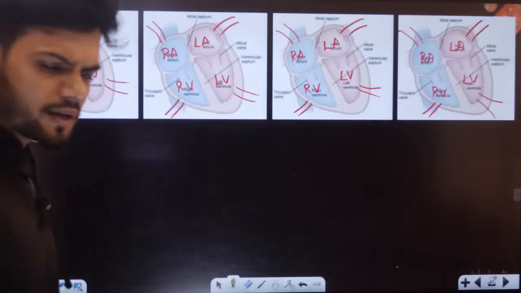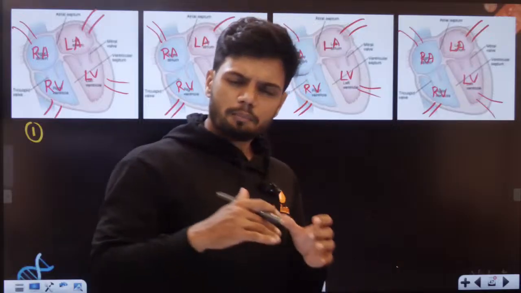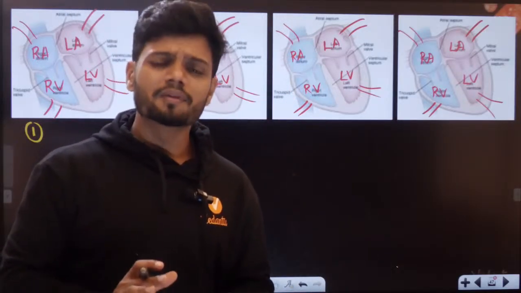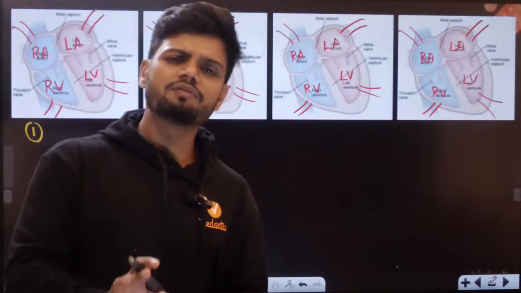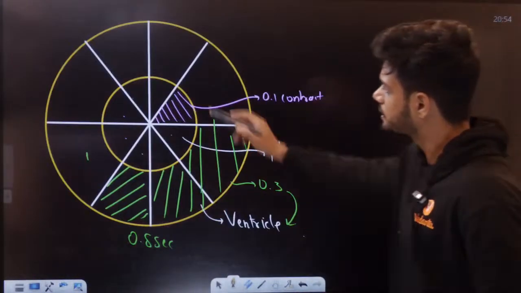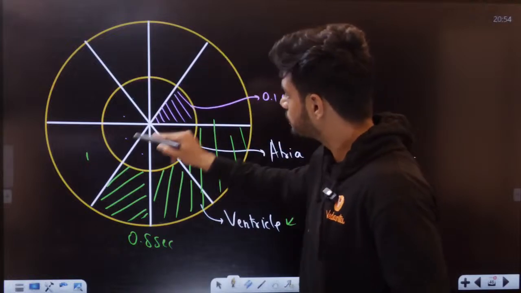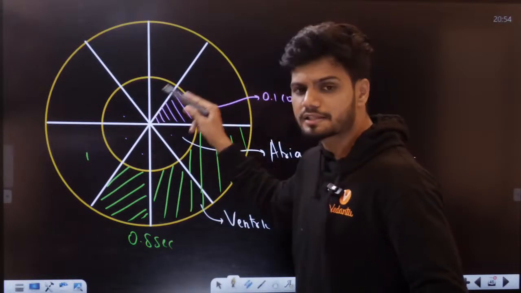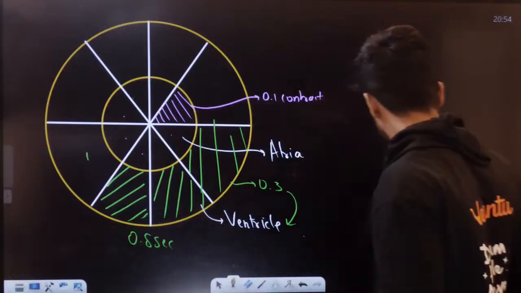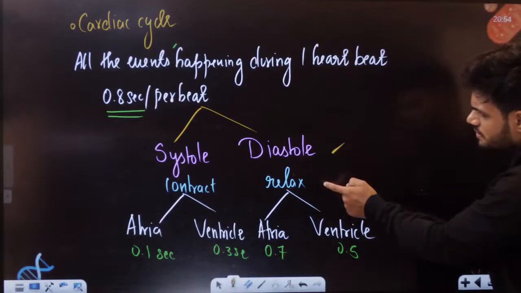In the first phase, both the atria and both the ventricles are relaxed. This condition here, where both atria and ventricles are relaxed, is called joint diastole. Here, diastole means relaxed.